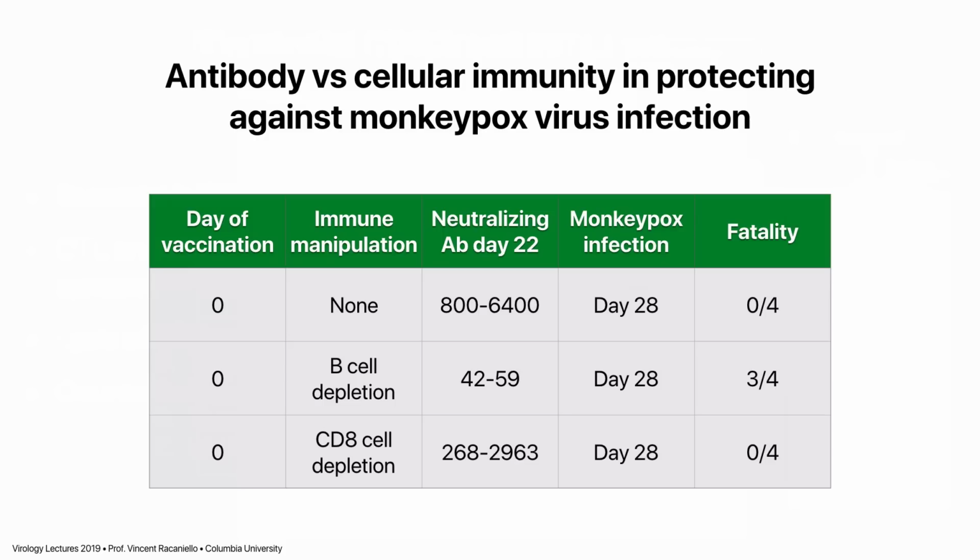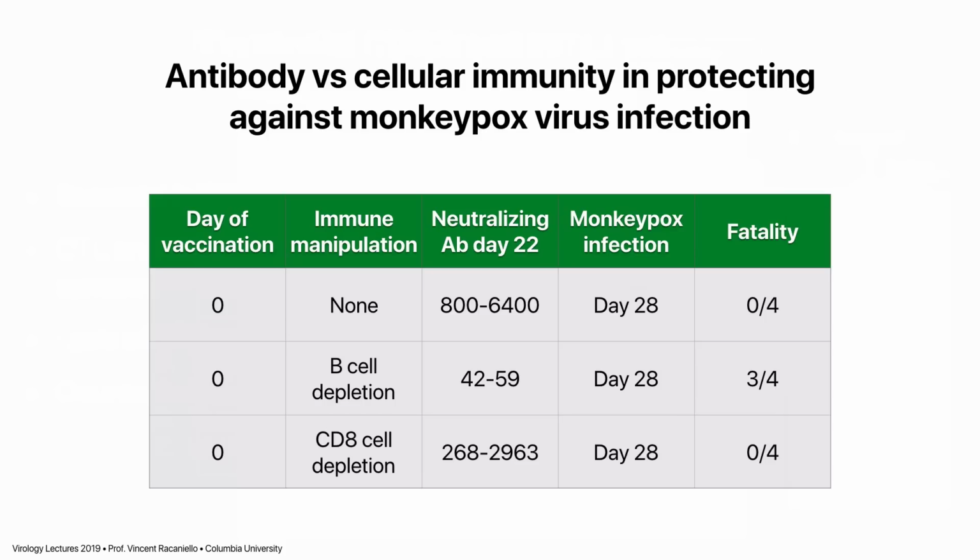So when we vaccinate these animals and do nothing to manipulate their immune system, they make a good neutralizing antibody response, and there are no fatalities. So they're protected by the antibodies that have been induced. If we deplete these animals of B cells after immunization, you see they don't make any neutralizing antibody. When you infect them, 3 out of 4 die.